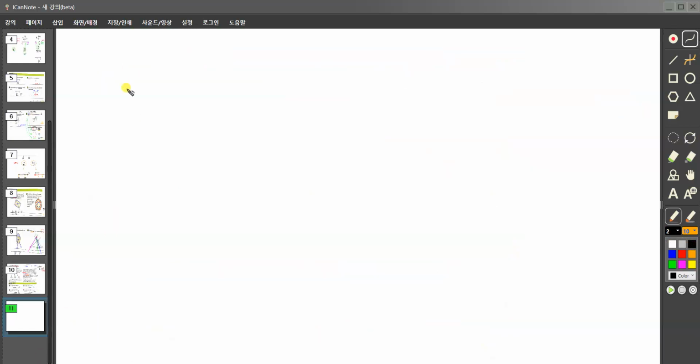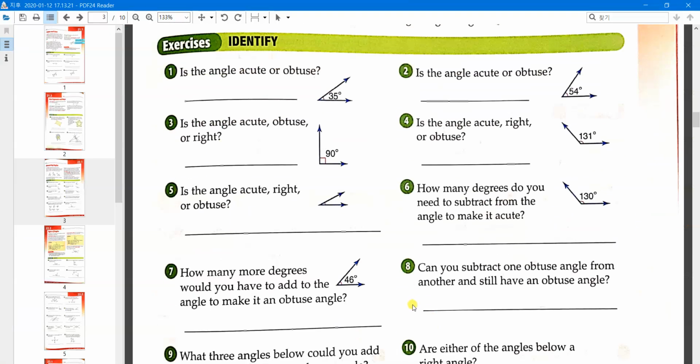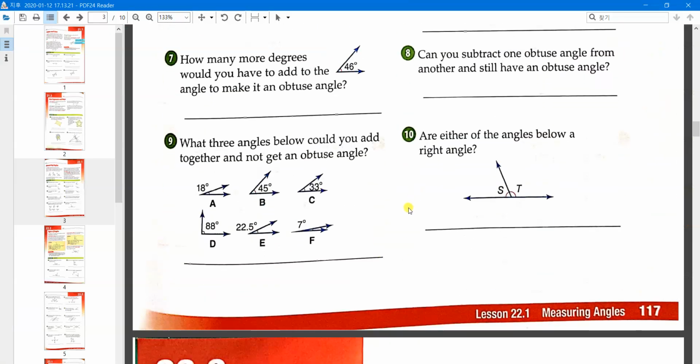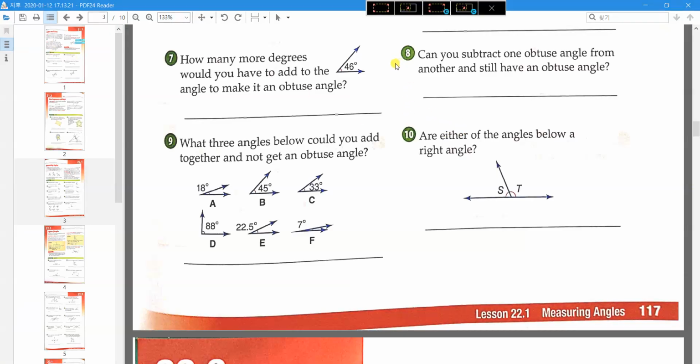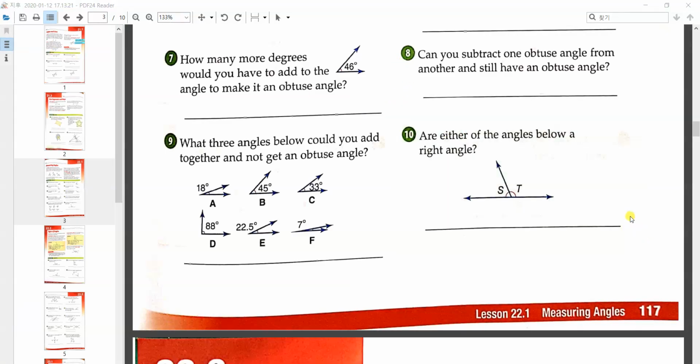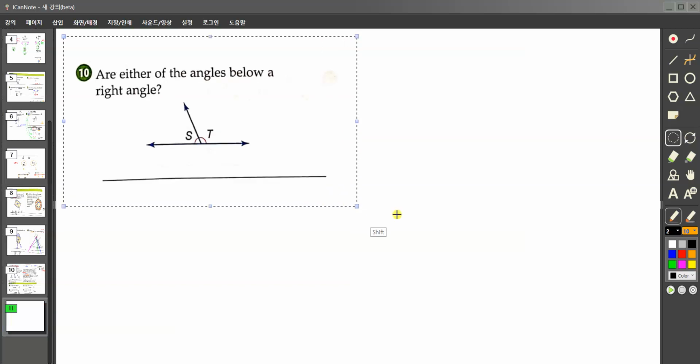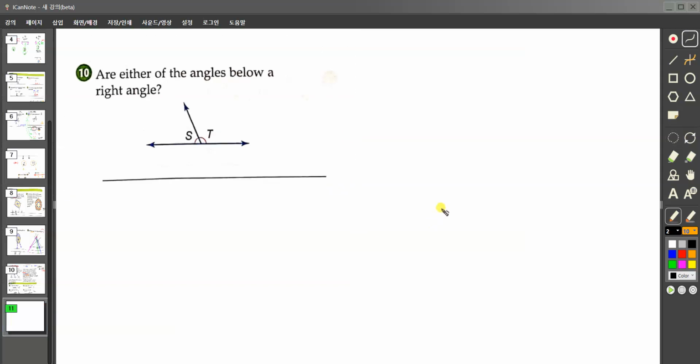So this is easy. But sometimes it gets hard. I'll show you some more words which are not in the textbook here.